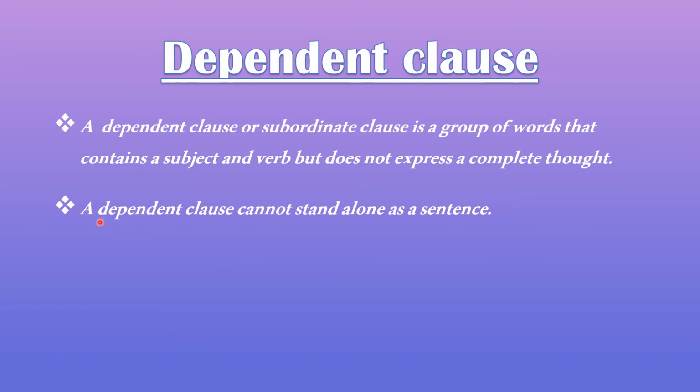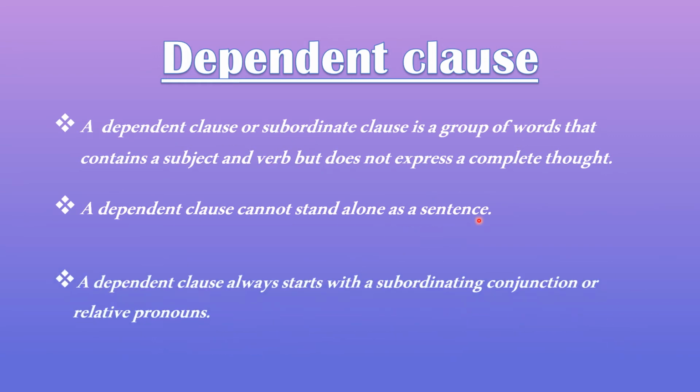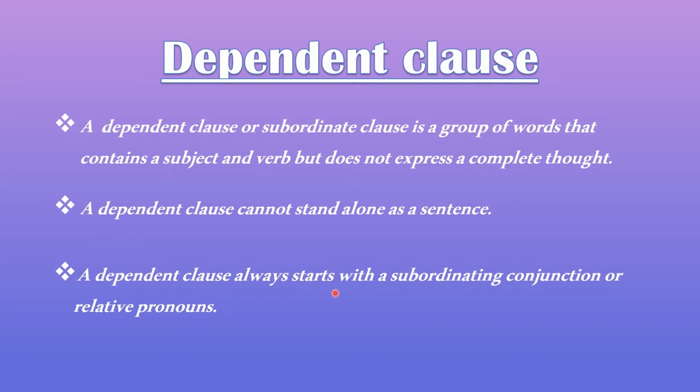Here we can see that a dependent clause cannot stand alone as a sentence. Next, a dependent clause always starts with a subordinating conjunction or a relative pronoun, like until, when, and so on.